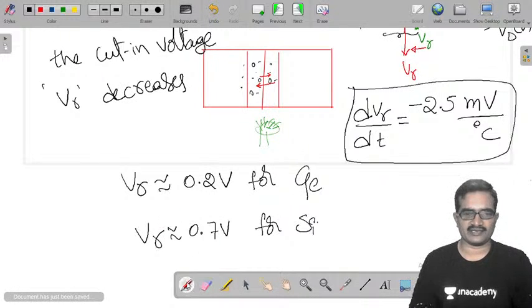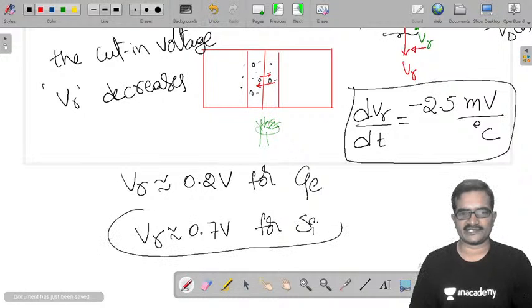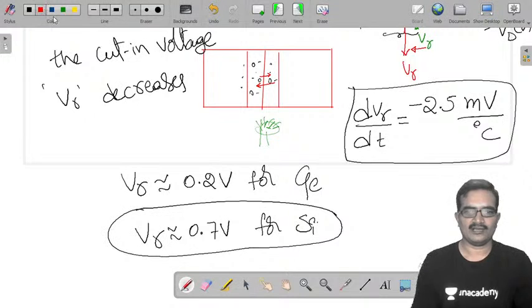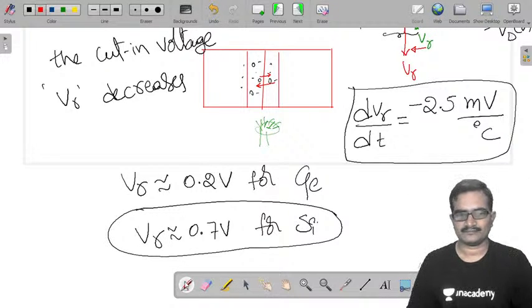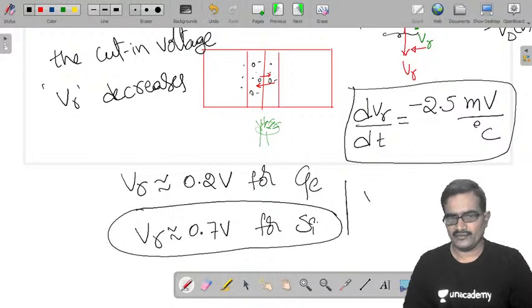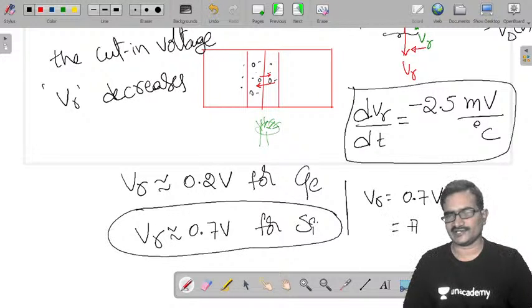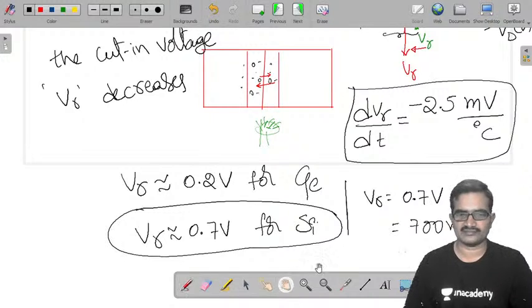This is the practical default diode we are using, silicon. Vγ is 0.7 volts for silicon, so this is 700 millivolts. You can write it also as 700 millivolts.